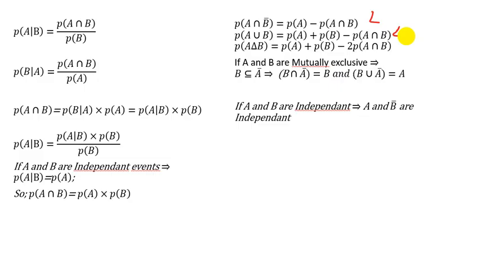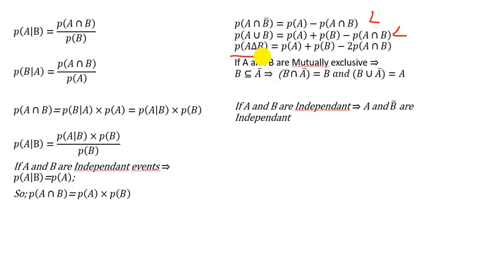We said that we deduct the intersection because we find it in A and we find it in B, so if we don't subtract it once, it will be counted twice. This is why we need to subtract the probability of A intersect B.